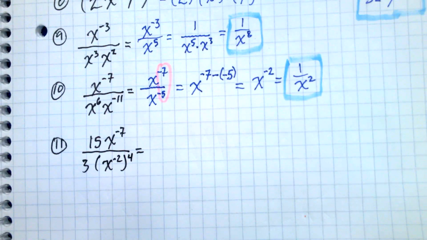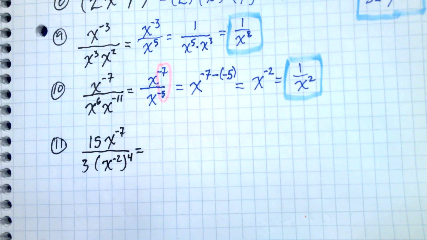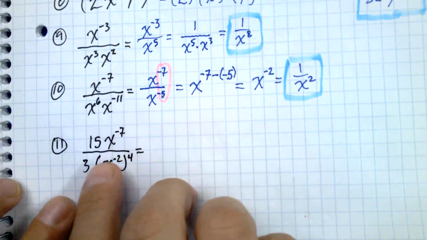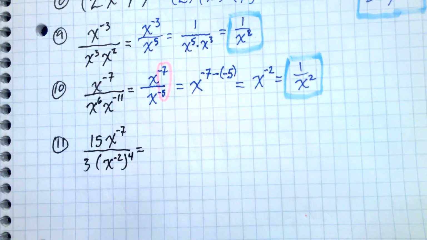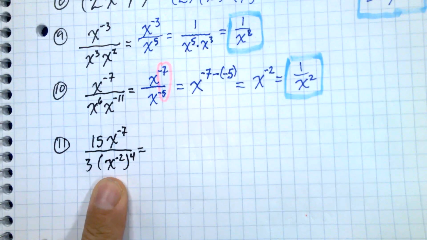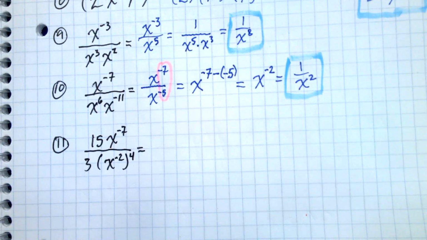Lots going on here. So if I'm looking this over, I have coefficients that I could possibly divide, the 15 and the 3. I got a rule here for power of a power I got to use. I got negative exponents. What shall we do first?